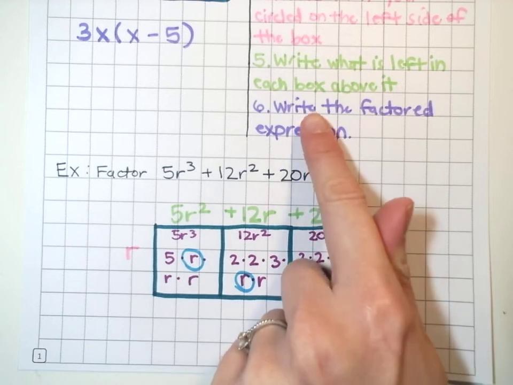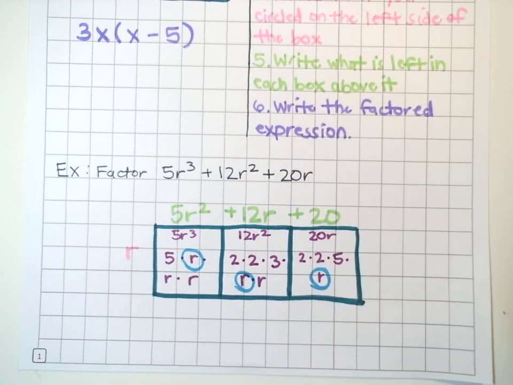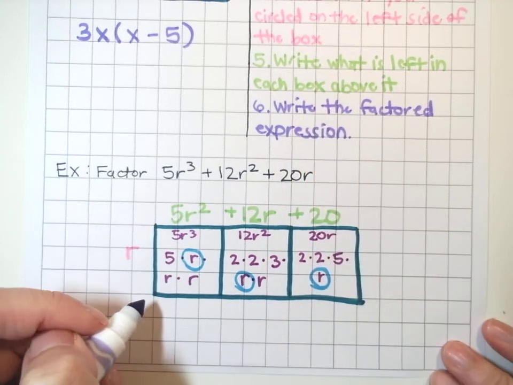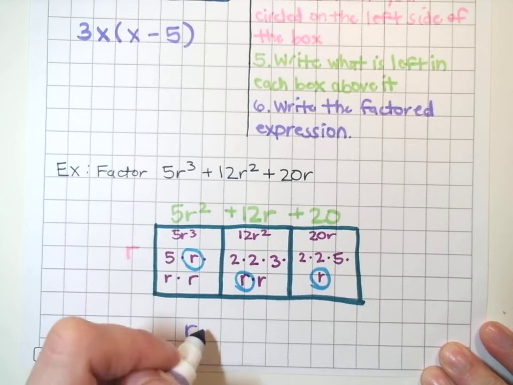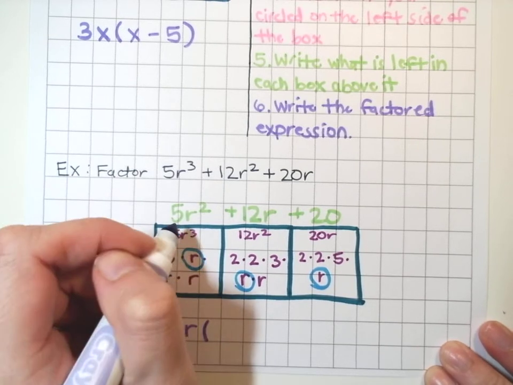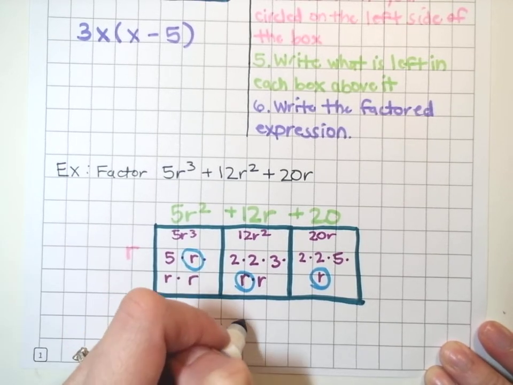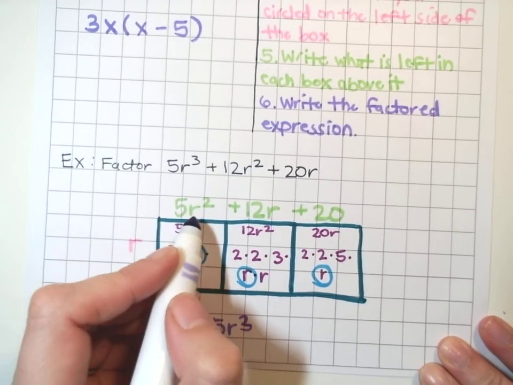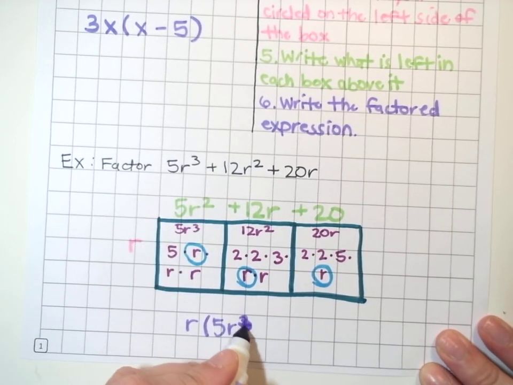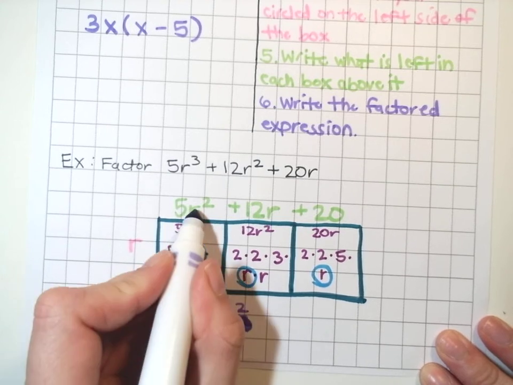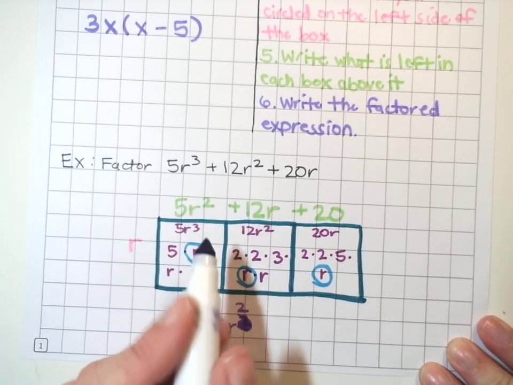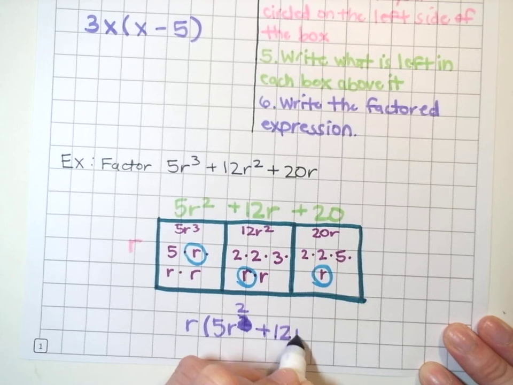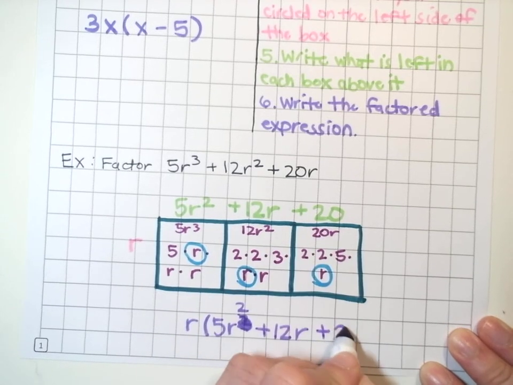That's step 5, and then our last step is to write the factored expression. So we have r times 5r squared, this right here, and then plus 12r plus 20.